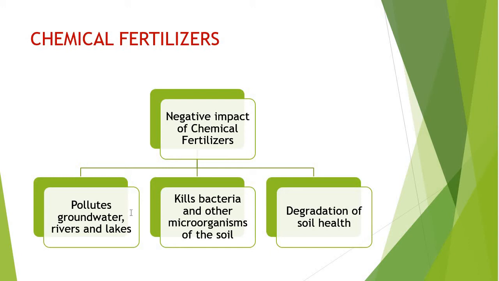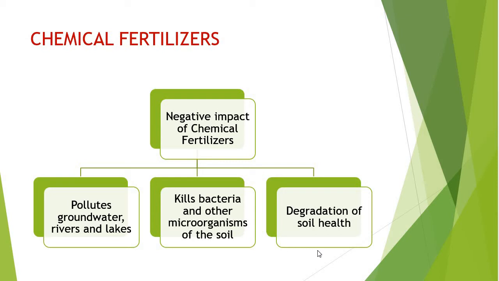It used to wash off, and because of this washing off, wherever it used to go, it used to pollute that water body, be it groundwater or river or lake. It even killed the bacteria and microorganisms that are very good in increasing the fertility of the soil, and which ultimately led to degradation of soil health.